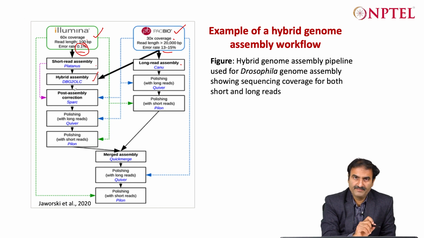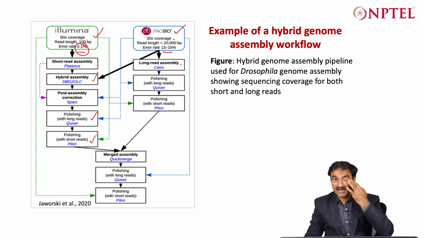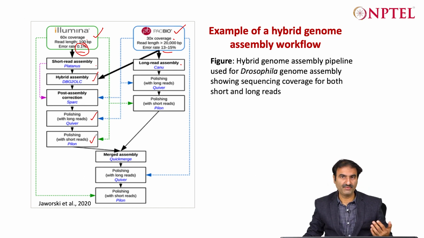And then you will use post assembly correction. That means after you have done the assembly, you can use the short reads and long reads as the evidence, okay. So using polishing with long reads and polishing with short reads, you can correct the entire assembly for the contiguity and the base pairs that are there, okay.